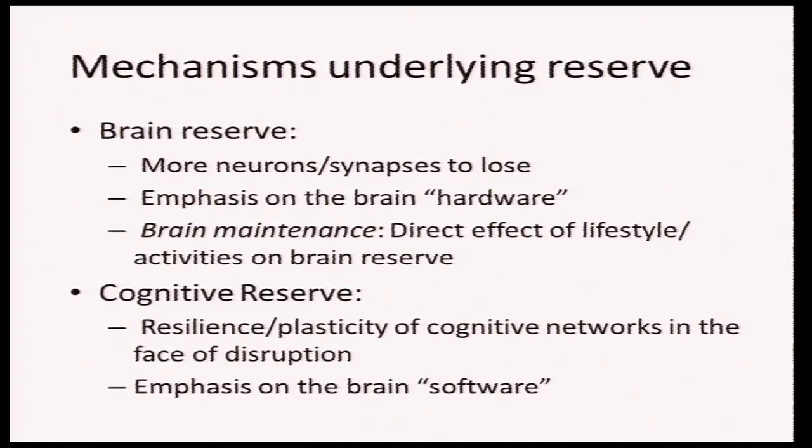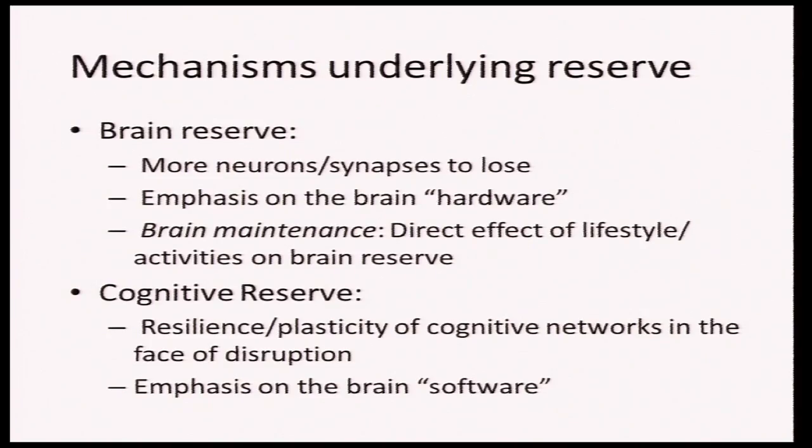To my mind, I try to parcelate reserve into two buckets. The first is the idea of brain reserve. At first, it was a very passive concept of just more synapses to lose. And the emphasis here is on the brain hardware. We know a lot more about the brain hardware than we ever did before. But there are certain forces that allow the brain to be maintained.